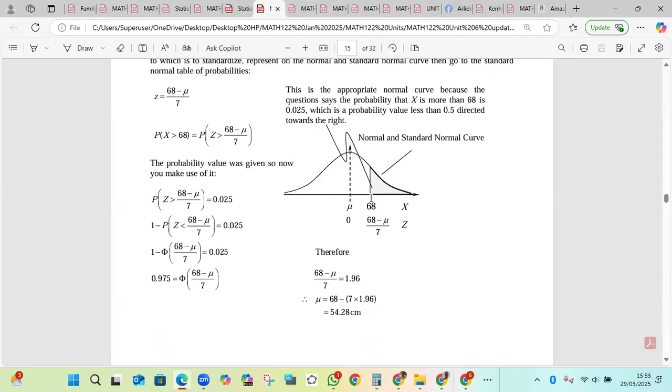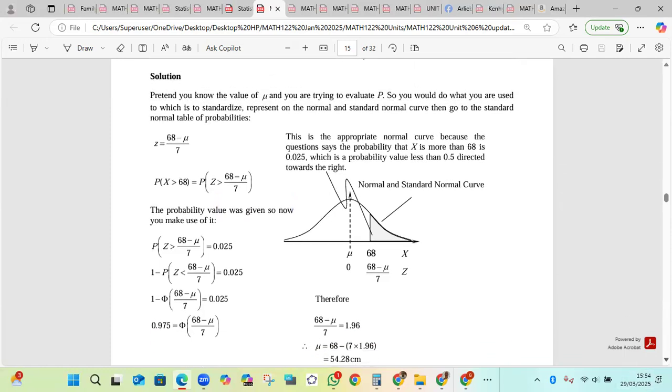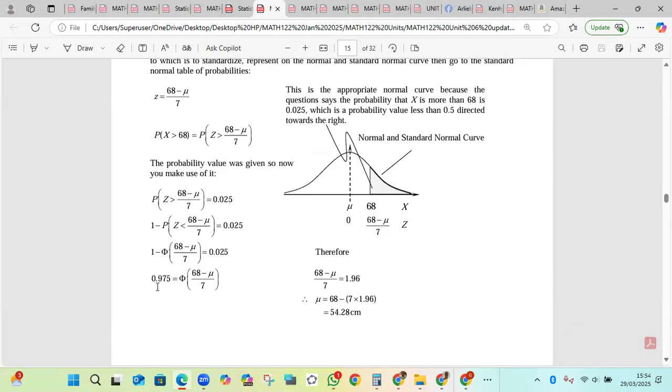Remember, it's the z we want. The 0.025 could give us the z from another table calibrated for tails, but since we are limited to this table, we do 1 minus 0.025, go in with 0.975, and it gives us the same z. Bear that in mind.